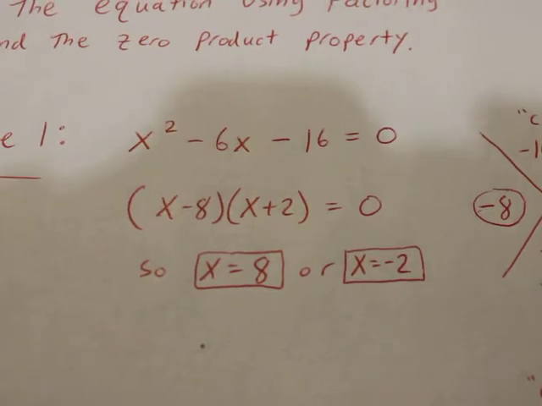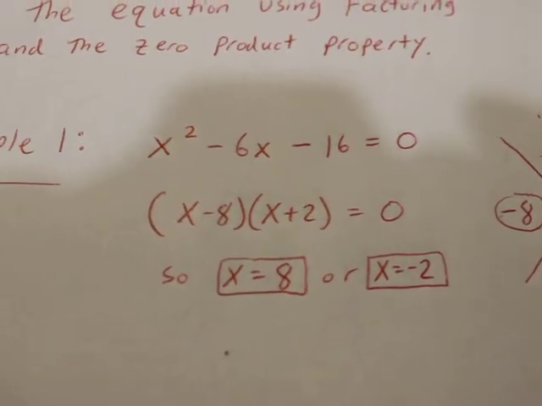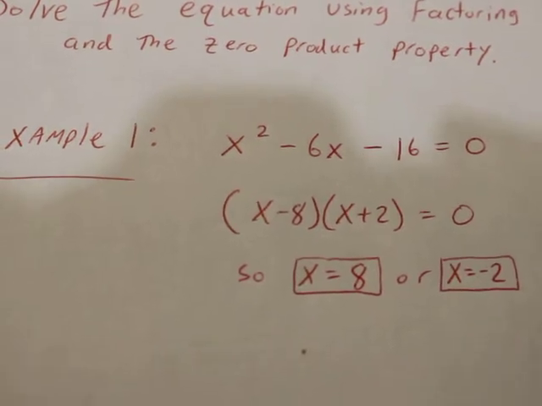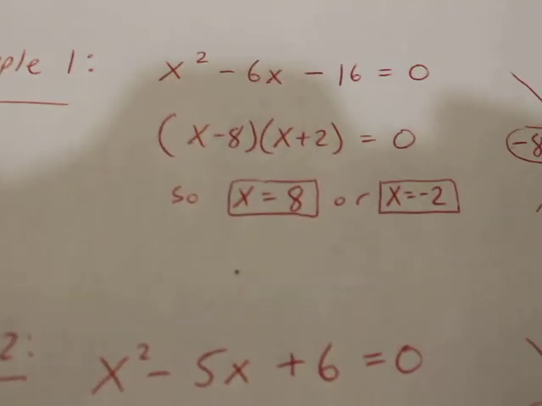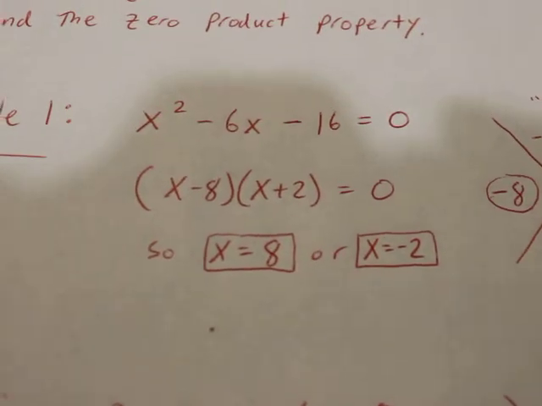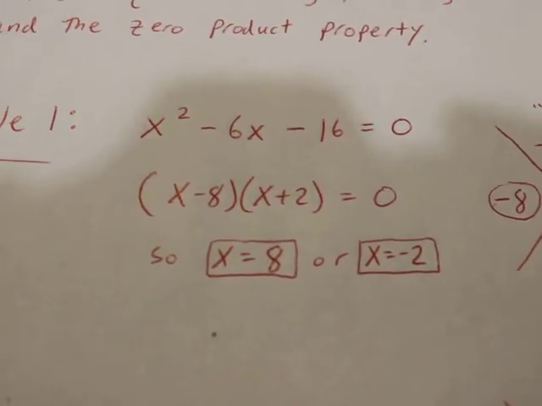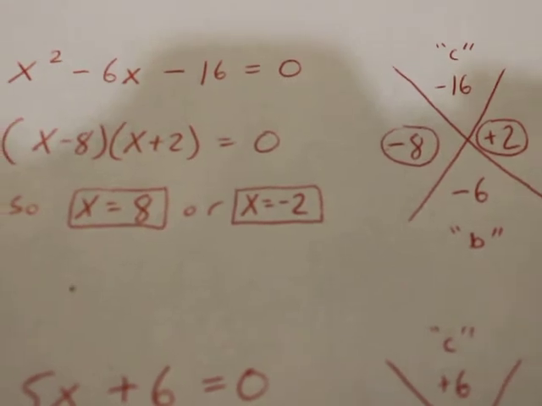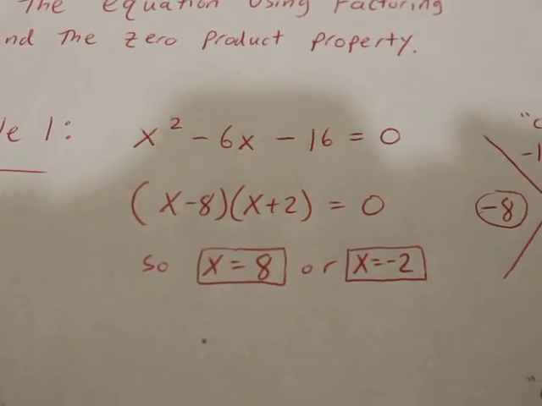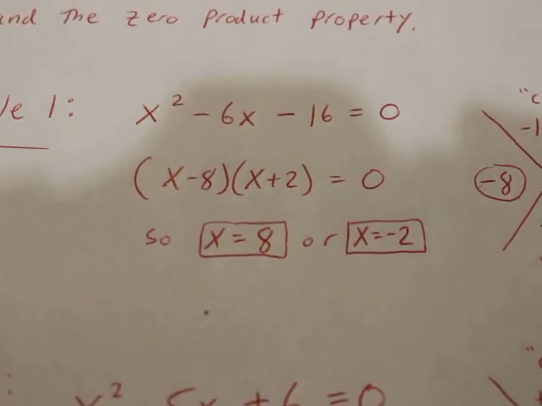Once I have it factored, I can just use the zero product property. So the question is, what makes x minus 8 equal 0? That would just be the opposite of minus 8, which would be plus 8, because 8 minus 8 gives you 0. And what would make x plus 2 equal 0? The answer is negative 2, the opposite of plus 2, because negative 2 plus 2 gives you 0. And those are your two solutions.